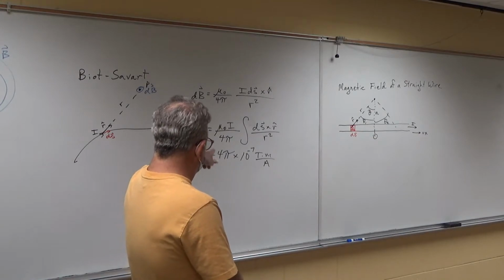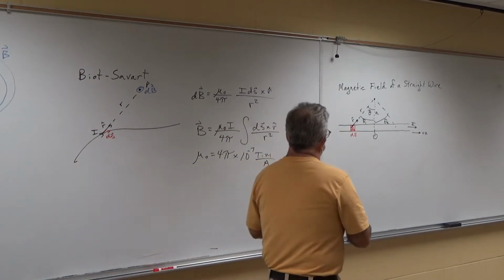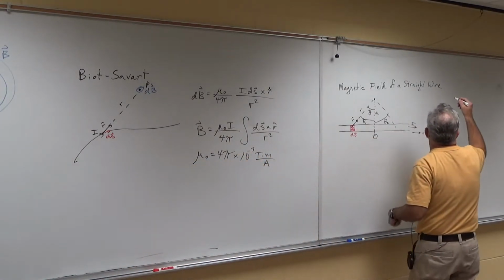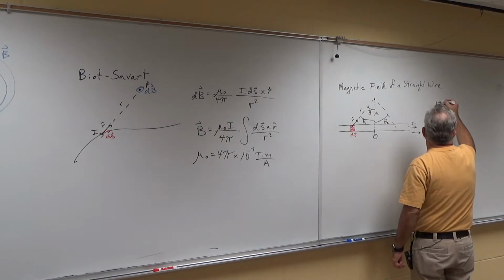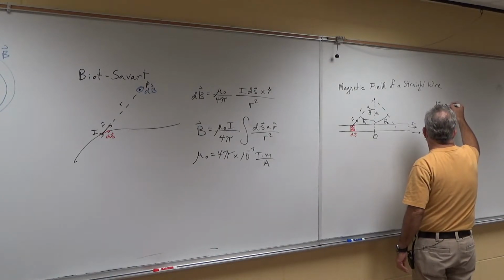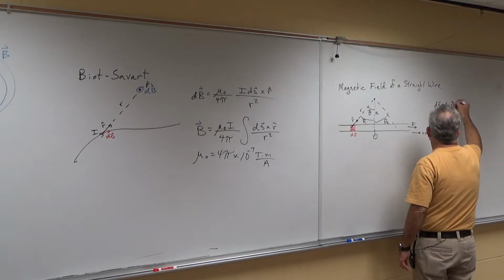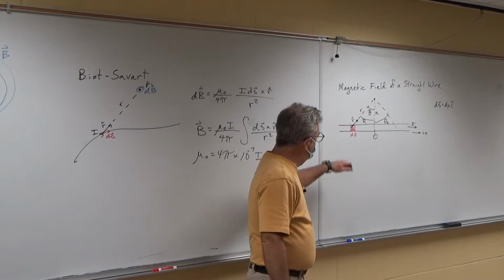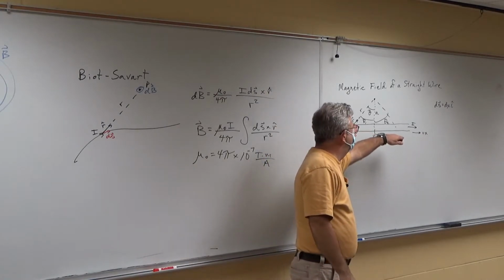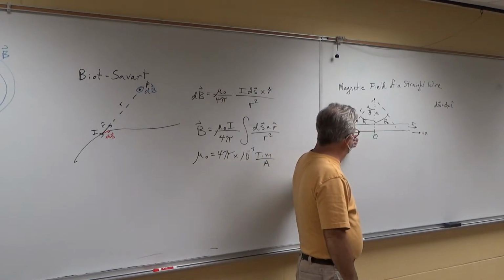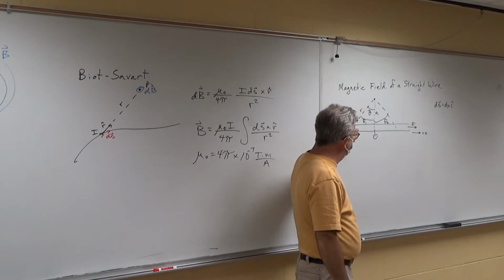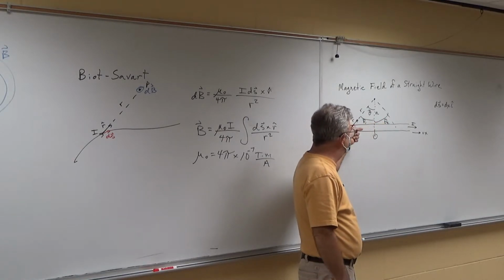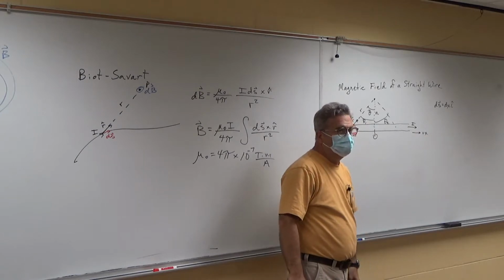So, ds is equal to dx i hat, because I'm naming this x, and a little displacement vector that has length ds is dx, and it's in the i hat direction.